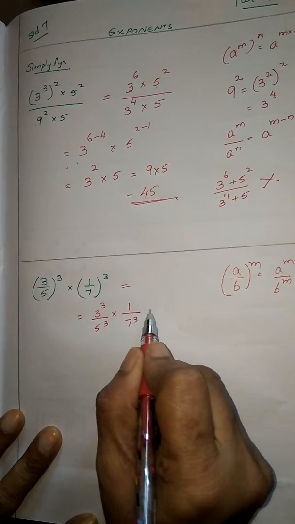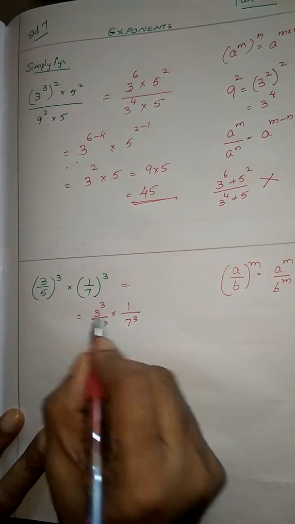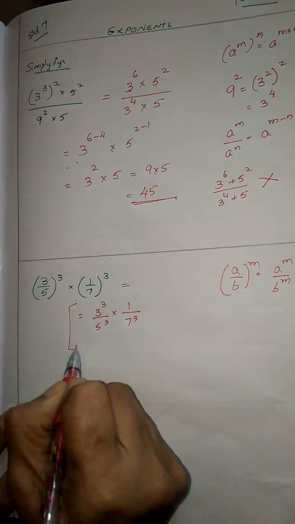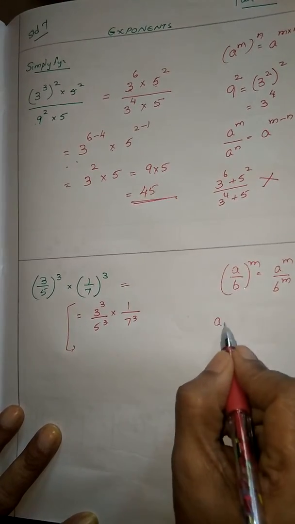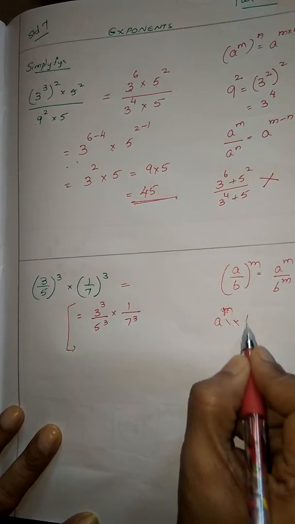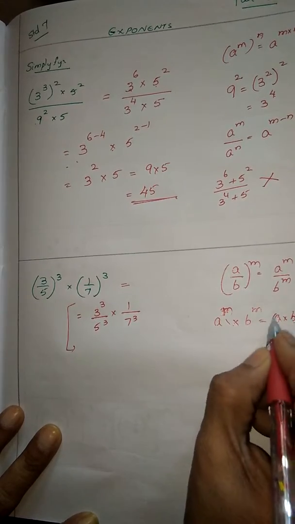So we can write this in a different way. You can also write a to the power of m into b to the power of m as (a into b) the whole to the power of m.